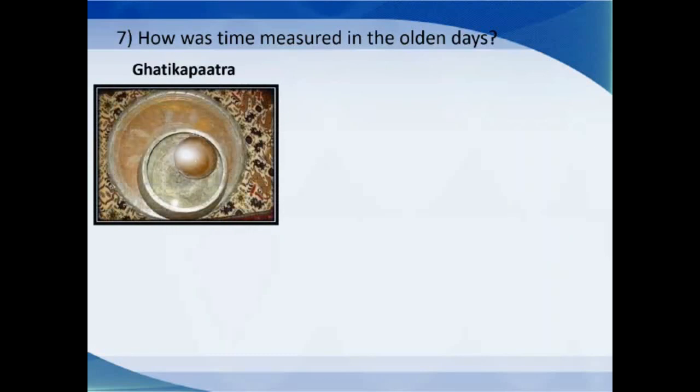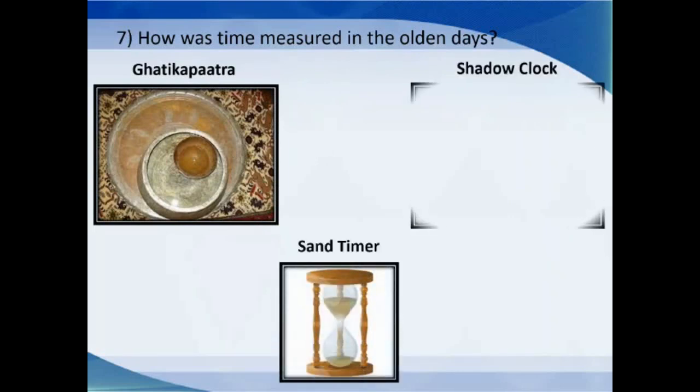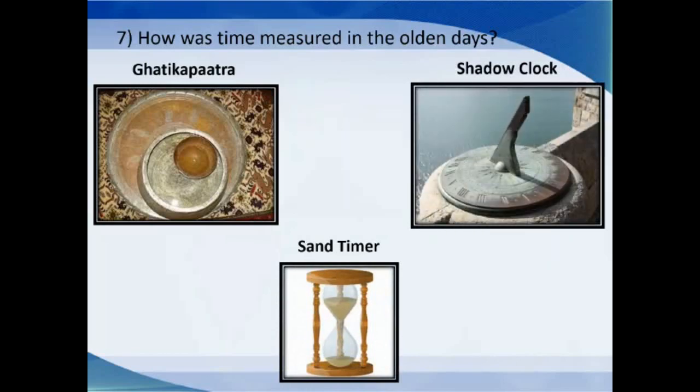Seventh question. How was time measured in olden days? In olden days, time was measured with the help of natural events like sunrise, sunset, noon, and also instruments like Ghatika Patra, a bowl with a minute hole at its base which will float in a large water filled vessel, sand timer, shadow clock, etc. were used to tell time.